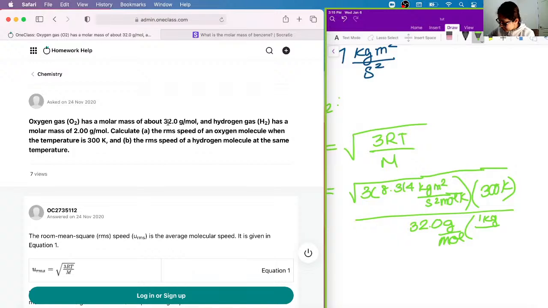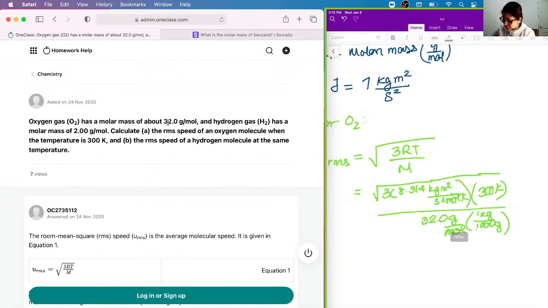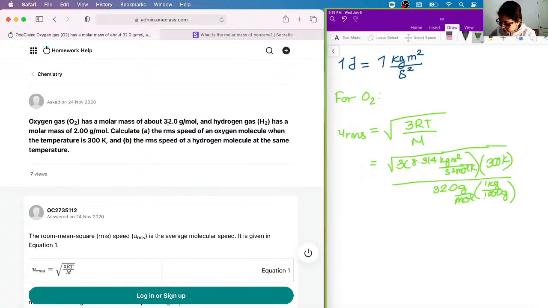So you can see we can now further simplify this. I'll write 8.3 times 10 to the power 3 kilogram.